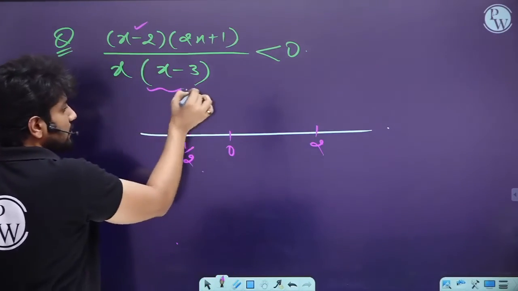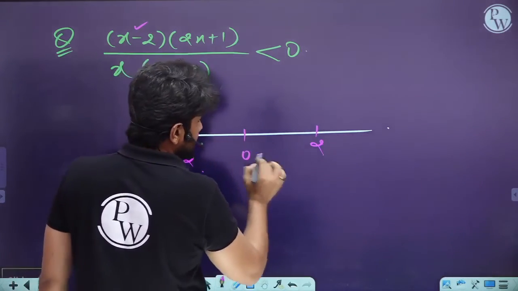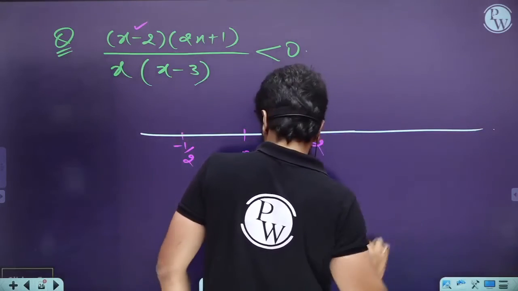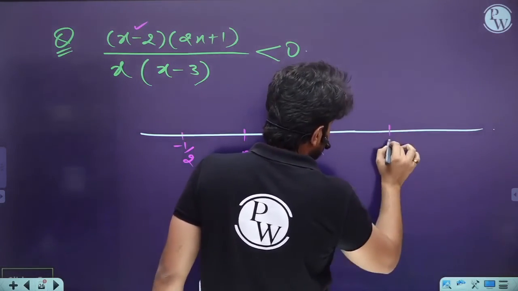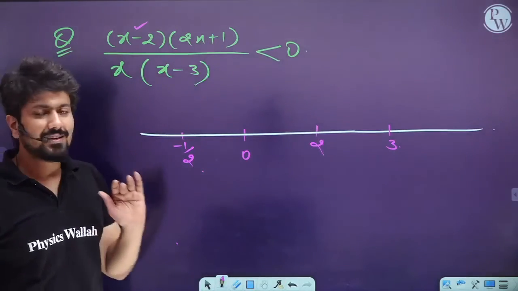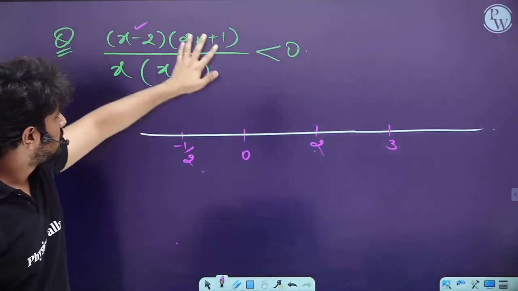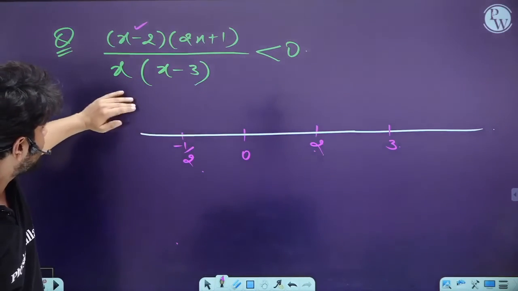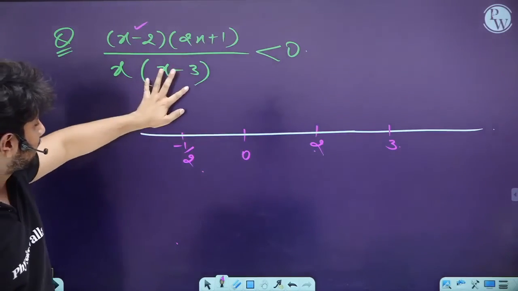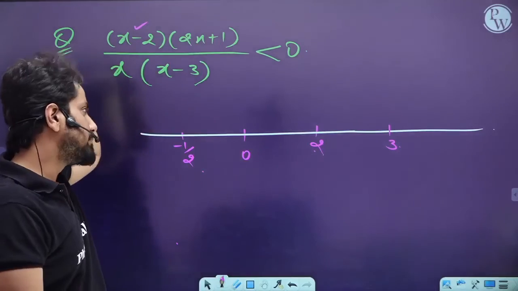Then the factor x minus 3 changes its sign about 3. So these are the 4 critical points. We mark them on the real number line: x minus 2 changes sign about 2, 2x plus 1 about minus 1 by 2, x about 0, and x minus 3 about 3.